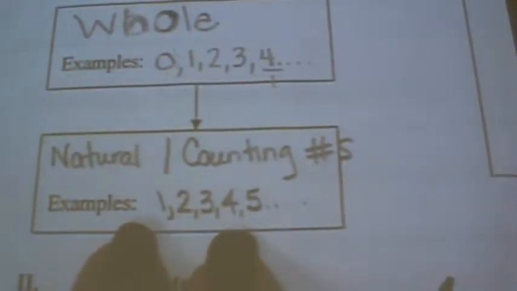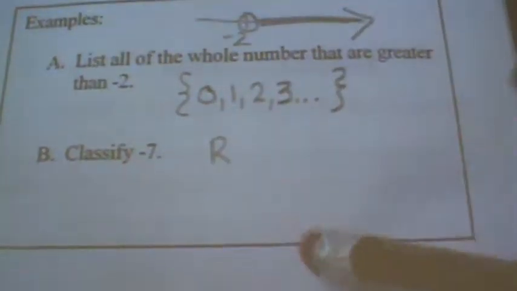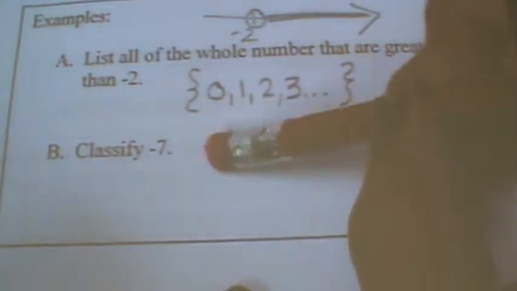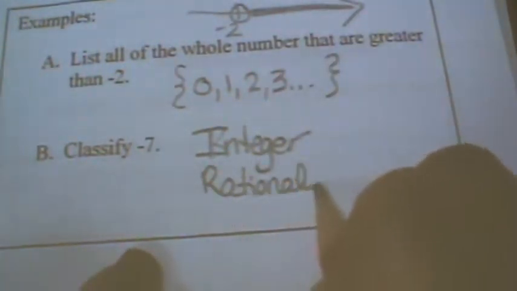What if I asked you to classify the number -7? Is -7 a natural number? No. Is it a whole number? Nope. Is it an integer? Yes. If it's an integer, it's also a rational and a real. So we're going to say the number -7 is an integer, it's a rational, and it's a real.